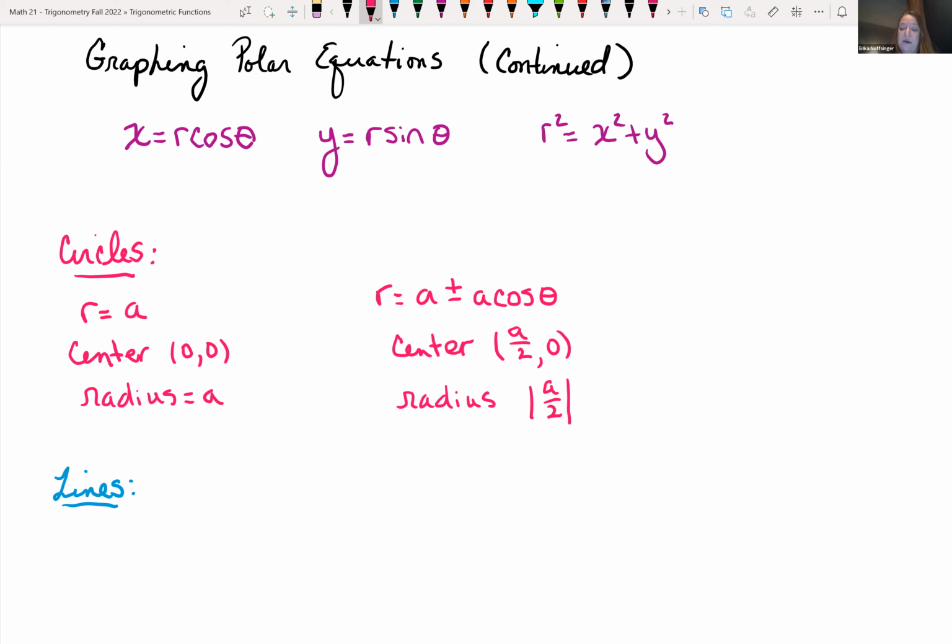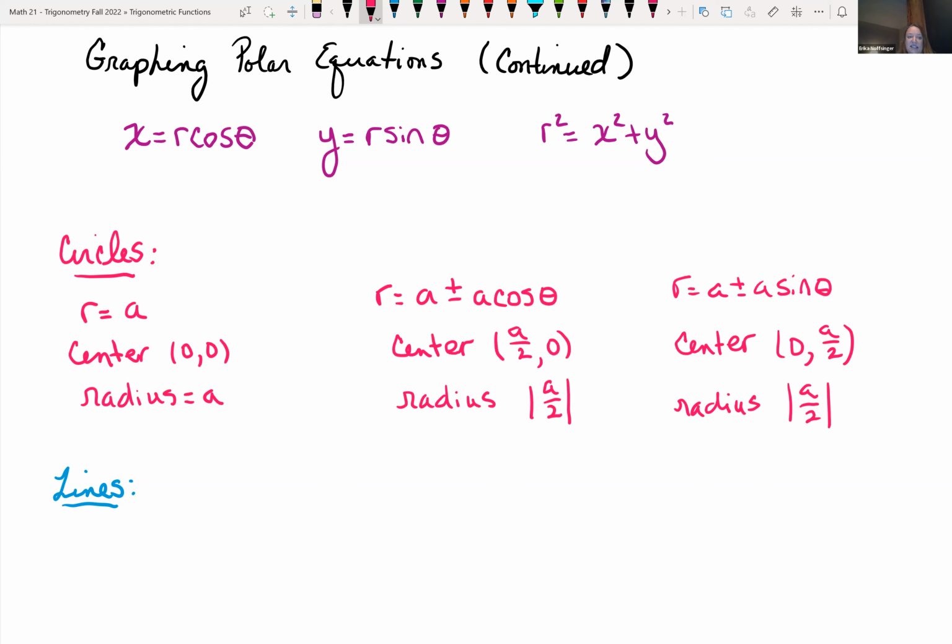We also saw that we had a circle in the form of r is equal to a plus or minus a sine theta. If it was in this form, then the center was at the point 0, a divided by 2, and our radius, again, is the absolute value of a divided by 2.